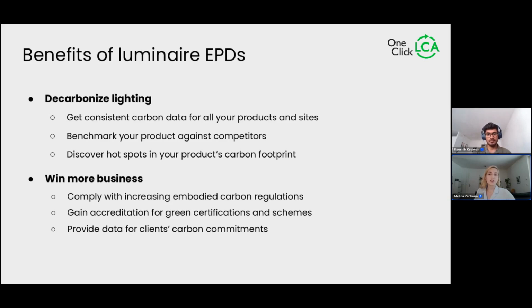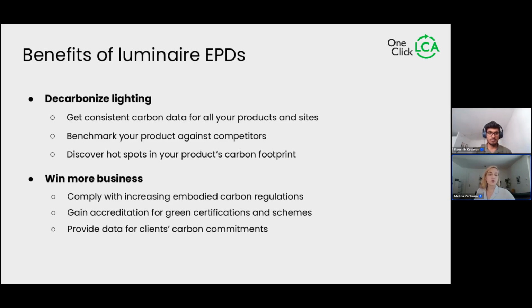And number two, something that is relevant and really important for everyone, because many companies have to create more and more EPDs, is that you get to win more business by creating EPDs for your luminaire products. And why is that? Because by creating EPDs, you get to comply with increasing embodied carbon regulations that are coming very strong in many parts of the world, globally, not just in Europe, in the US, in Australia.